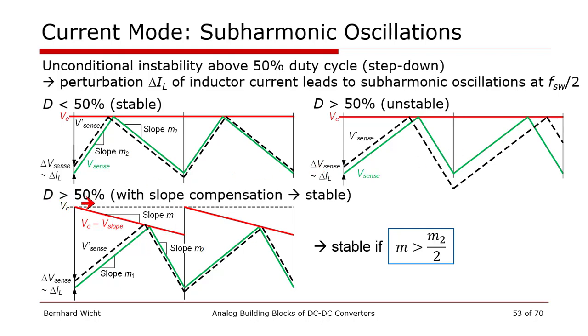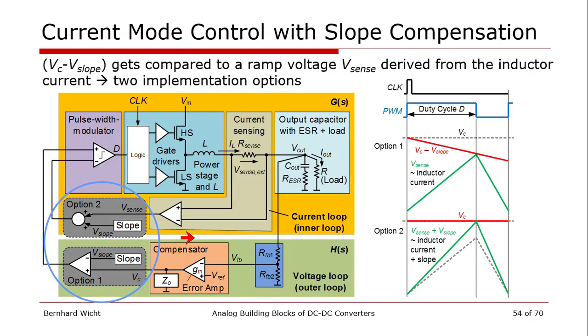They can be addressed by subtracting a ramp from the compensator output voltage we see. That ramp again needs to be generated, which adds more complexity to this circuit diagram.